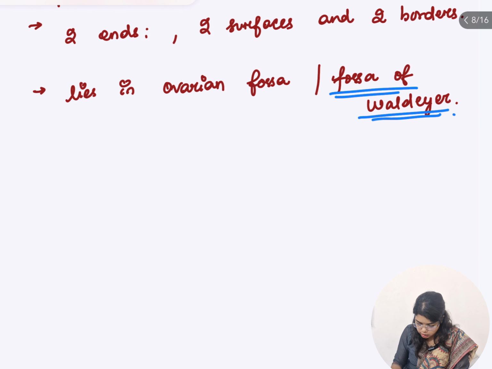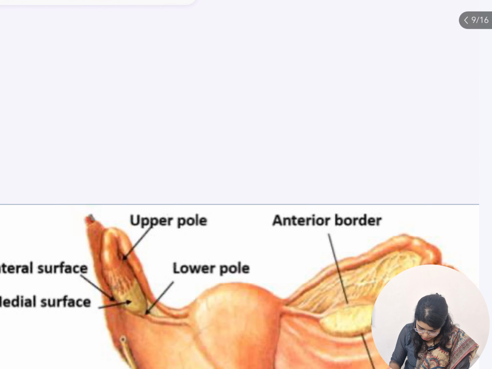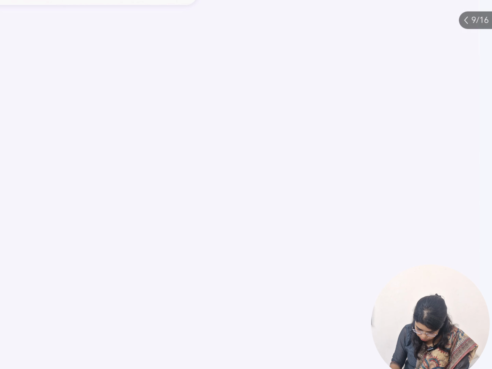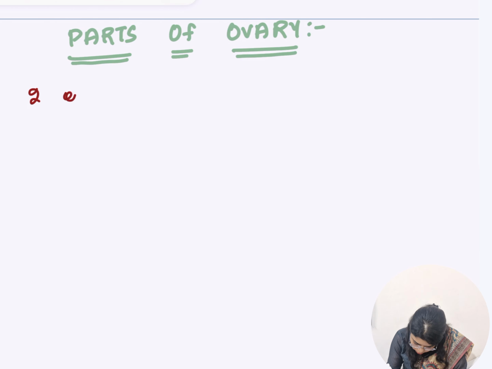Okay, I will show you everything. Parts of the ovary: two ends, two borders, and two surfaces.